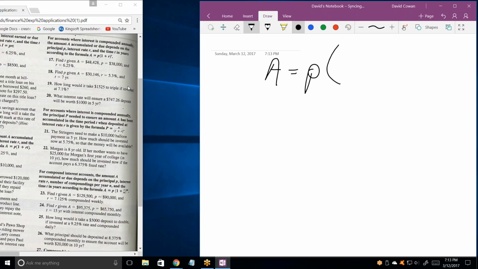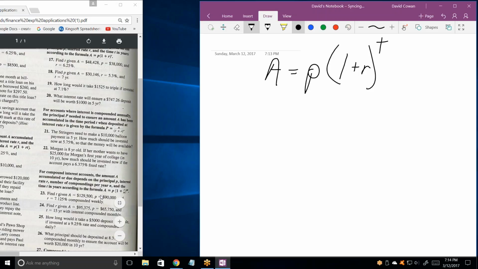Now, whenever you're doing exponential growth, there's generally 3 general formulas that apply. One is when you're compounding annually. Another is when you're compounding more often than annual, which is like 23.